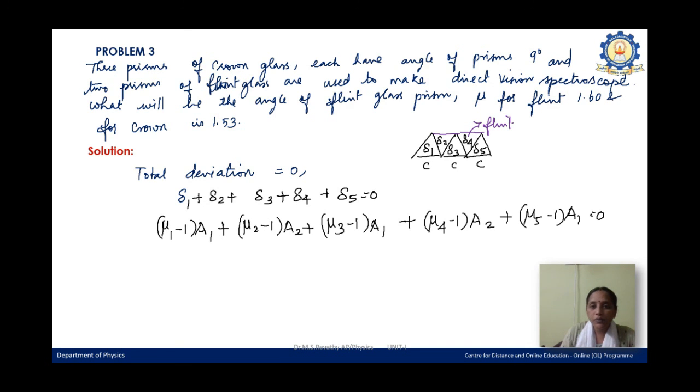Here the flint glass prisms are placed in inverted combination, so we have to put a negative sign wherever you observe A2.